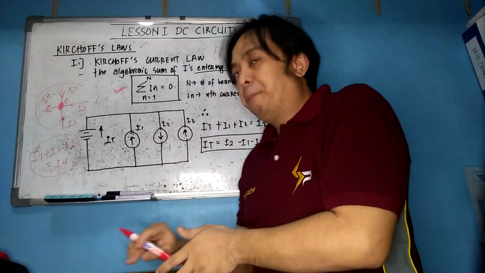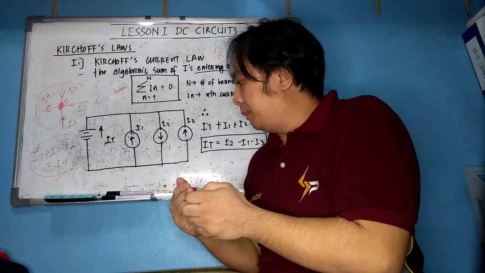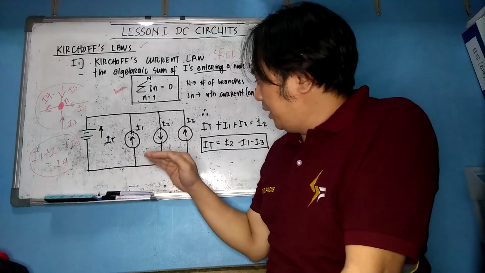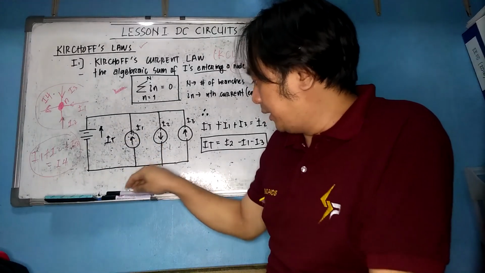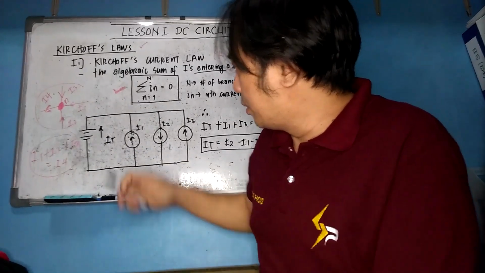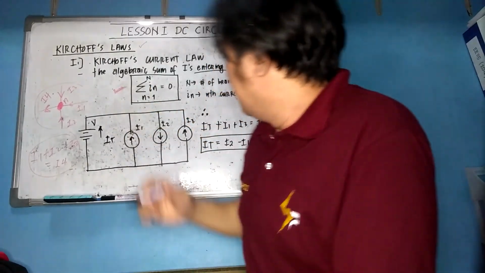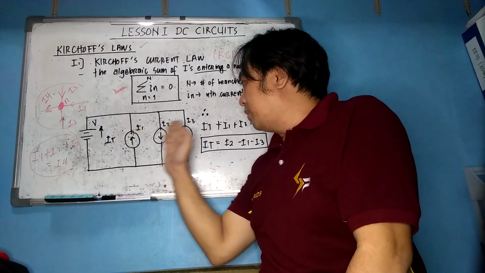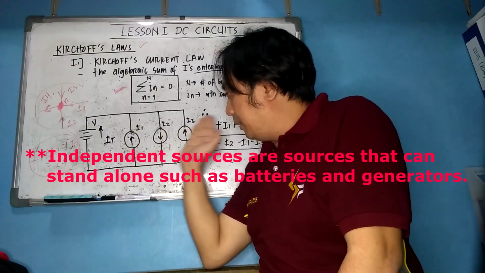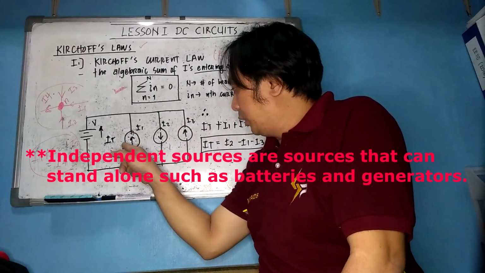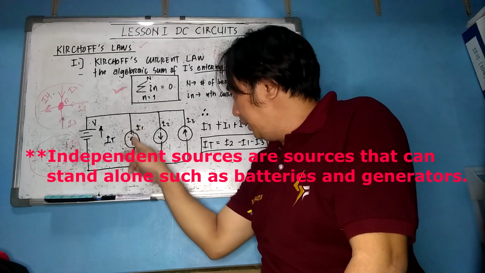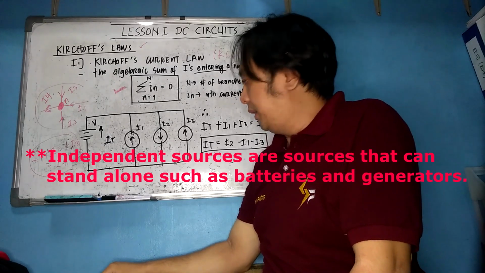So basically, this can be interpreted much further if we have a circuit. This is an example of a circuit here. We have a battery source, I could say V, and then we have these independent sources. It must be independent, so it is represented by a circle with a direction arrow sign.